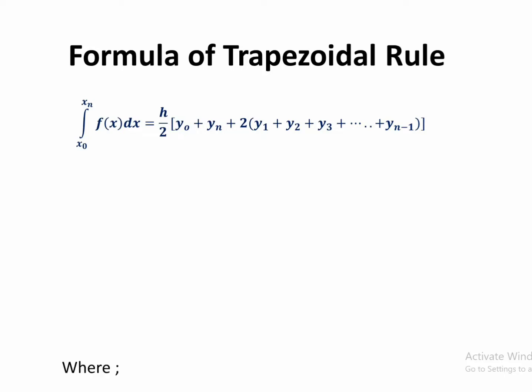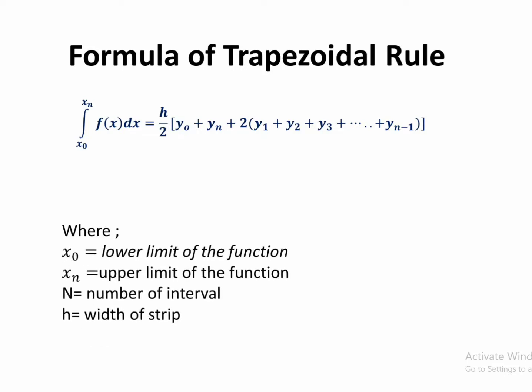As we discussed in the previous video, the formula of the trapezoidal rule is: the integral of f of x between the limits x0 and xn is equal to h divided by 2 into the first and last terms y0 and yn plus 2 into the summation of all other terms, where x0 is the lower limit of the function, xn is the upper limit, n is the number of intervals, and h is the width of the strip.